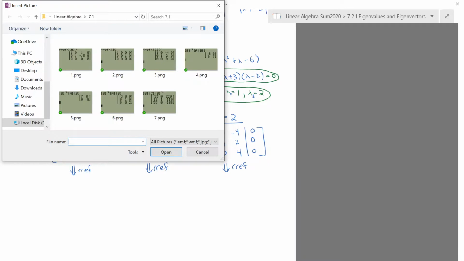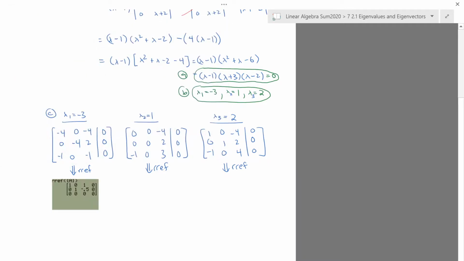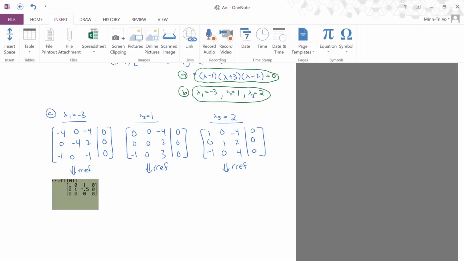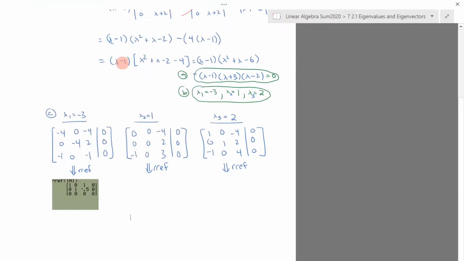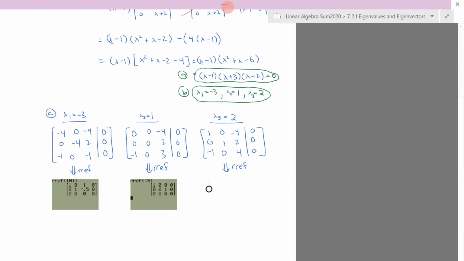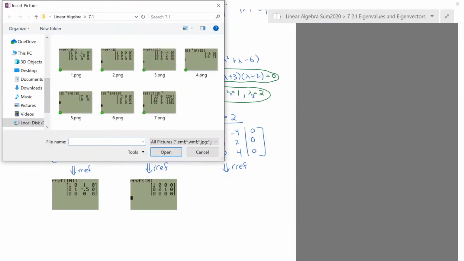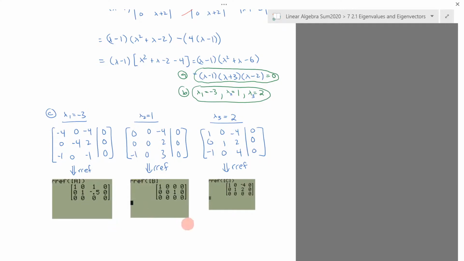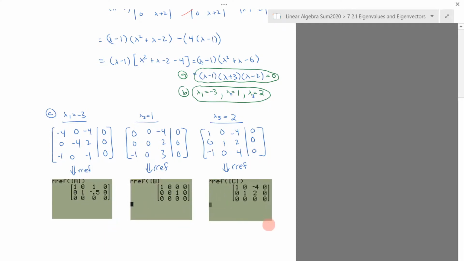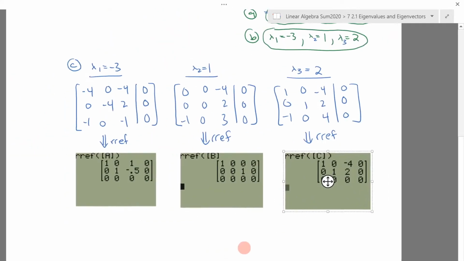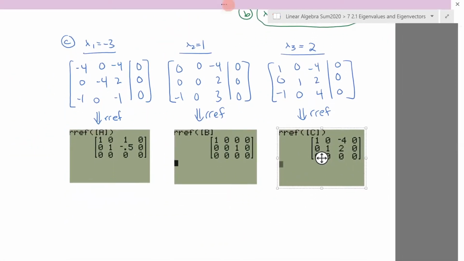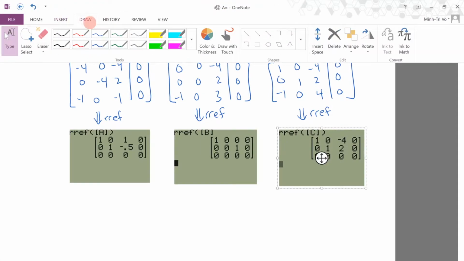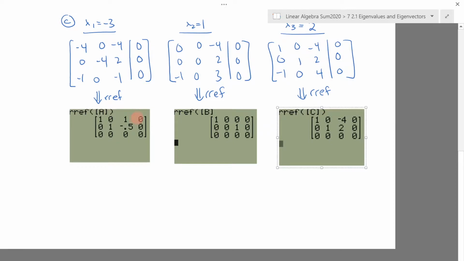It should be this one for this one, this one for this one, and this one for this one. Okay, these are augmented.